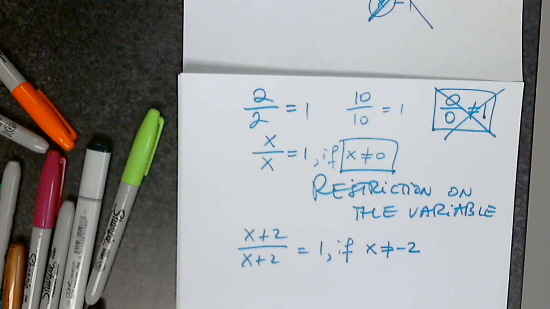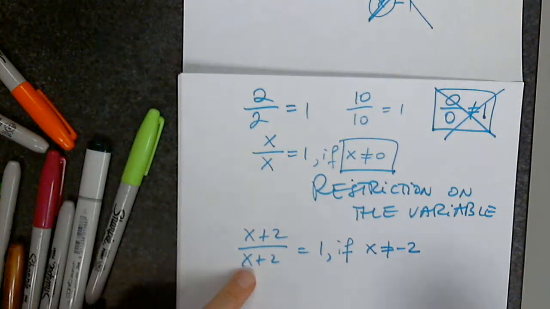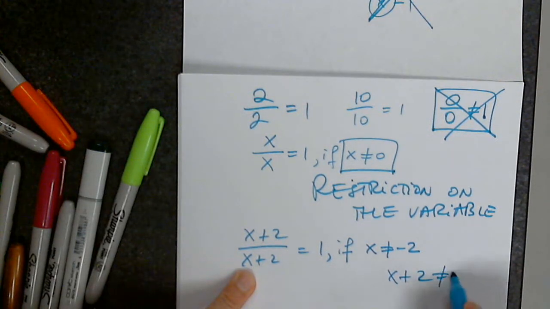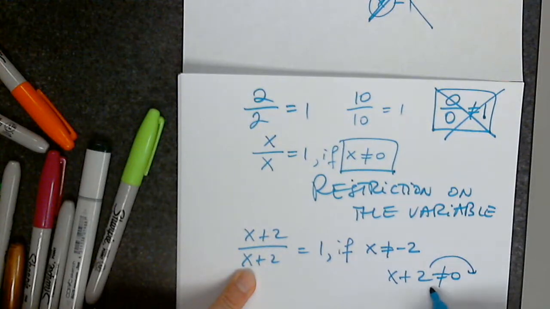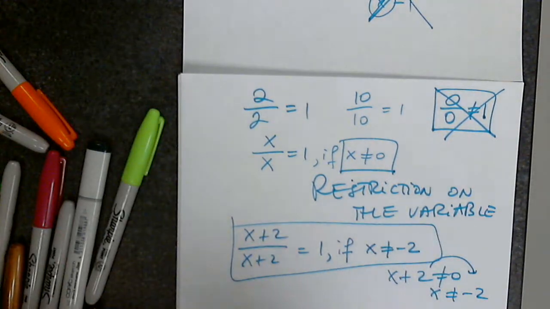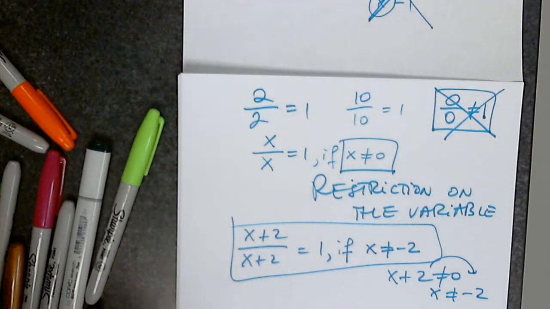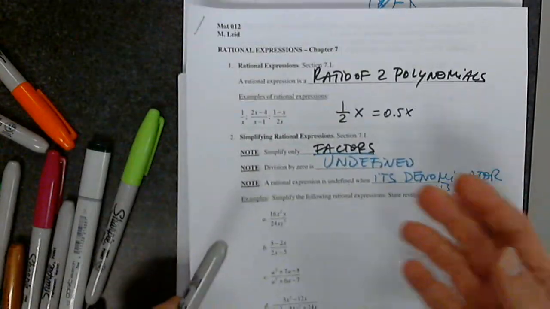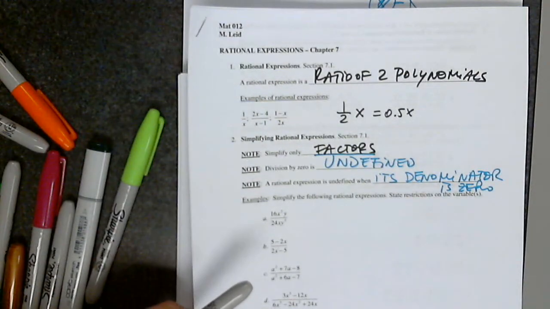The denominator cannot be 0, not the variable, the entire denominator. The denominator is x plus 2. When x plus 2 is not 0, that makes x not equal to -2. So these are restrictions on the variable. So now we can come back and complete these 4 problems.